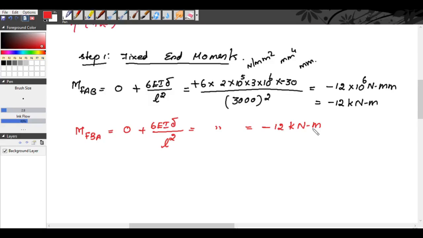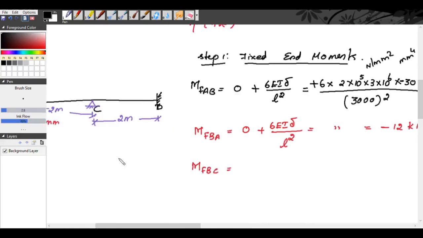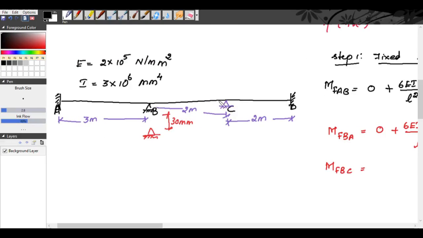Now we will move on for the next support, BC. So MFBC will be equal to, see, in BC we don't have any external loads, but this B sinks by 30 mm, right? B sinks by 30 mm. But you see, when you are considering from B to C, it is like this, right?